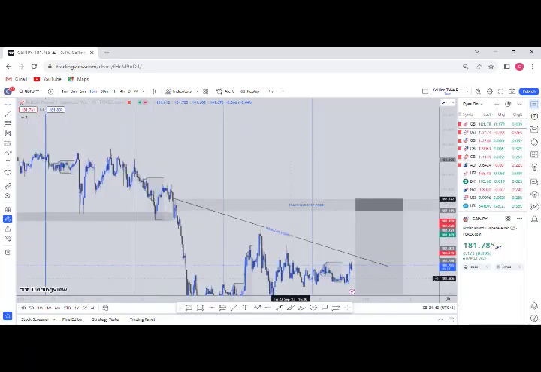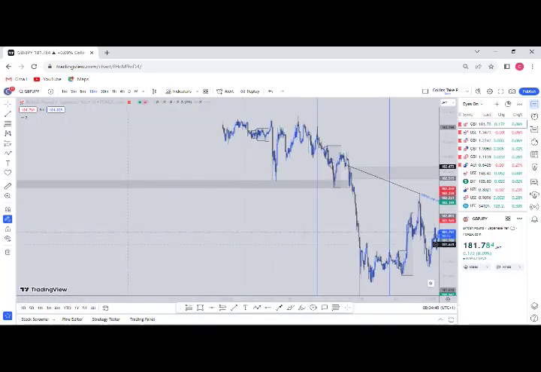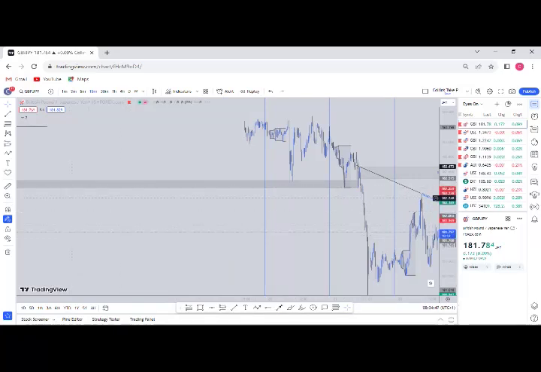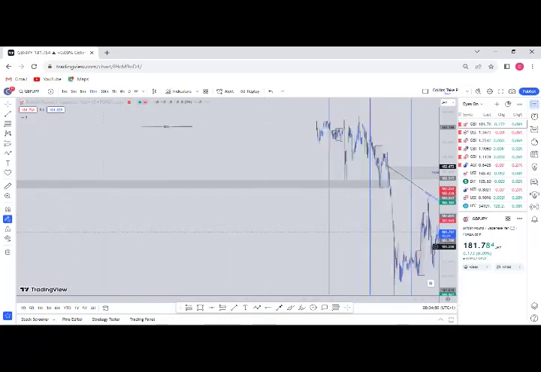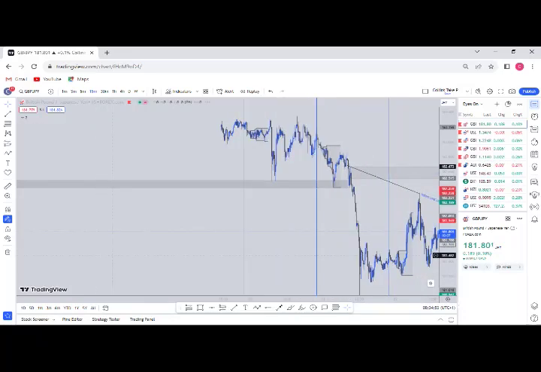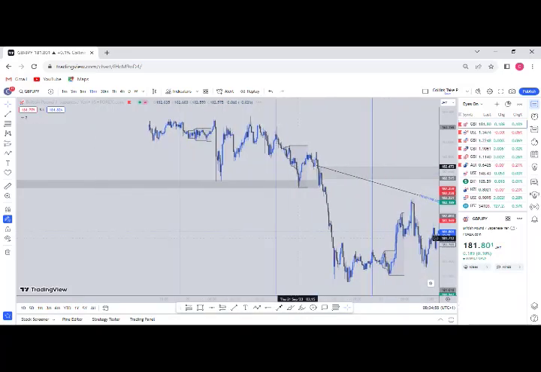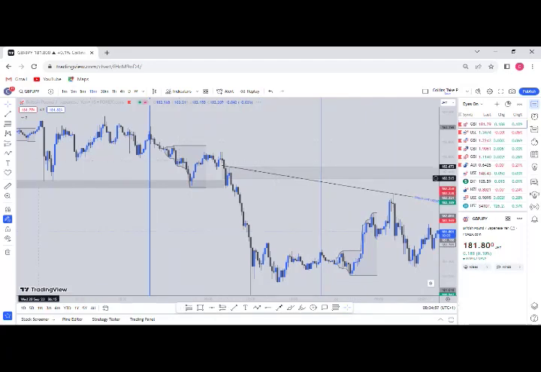As you can see, we have this demand zone where you can see price bouncing off. My network is kind of bad.